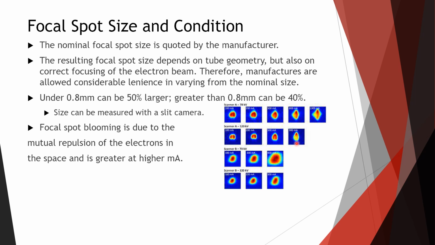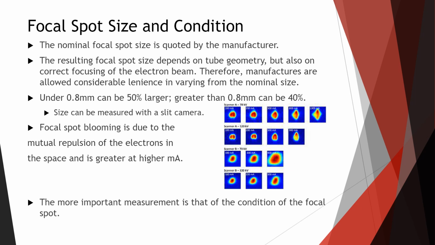Maybe it doesn't matter, but 980 mA compared to 300 mA here, how much larger this focal spot is, because there's so many more electrons here that this blooming becomes a real factor in the appearance of the focal spot, of how it's being represented. On this one, you can see it's this size here, and then it becomes very large at the 900 mA, it looks like here. So this is focal spot blooming.